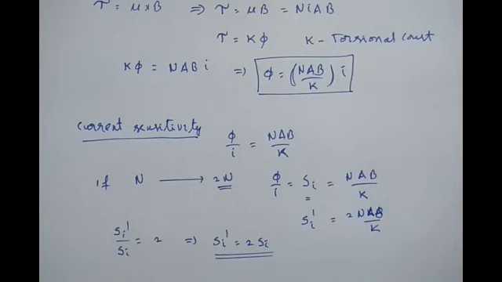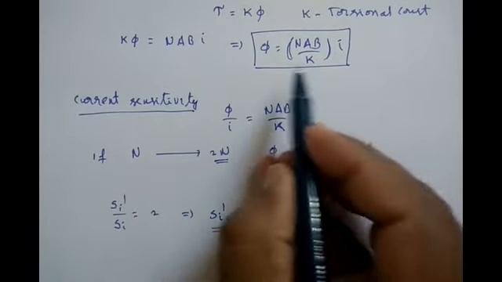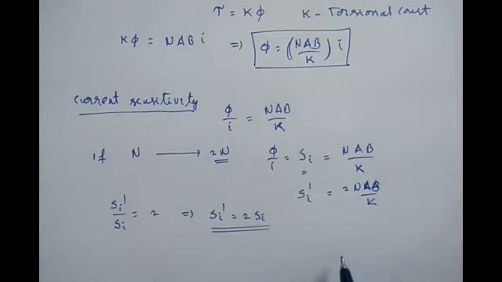Now look at the voltage sensitivity of this equipment. We know φ is this. If you take Ohm's law, which says voltage equals R times I, from there you can write I equals V by R. So let us write down here voltage sensitivity.